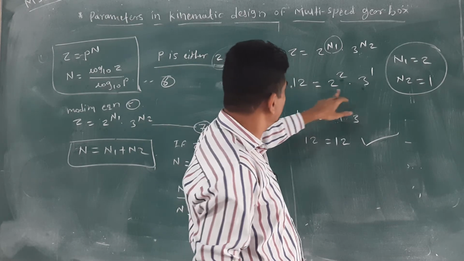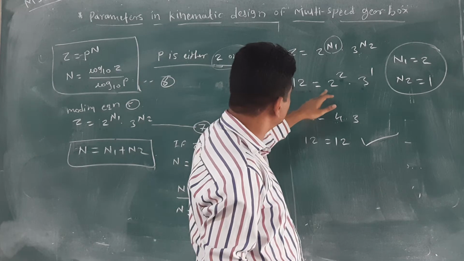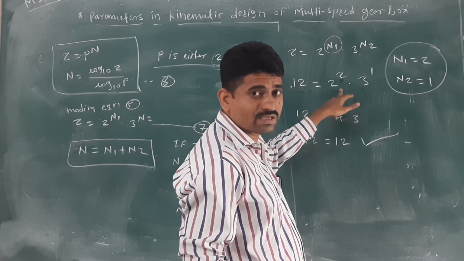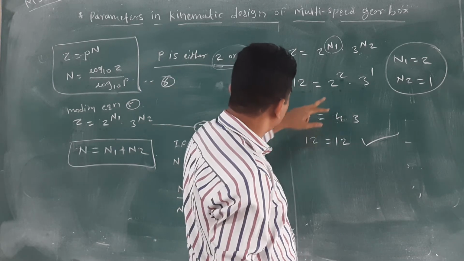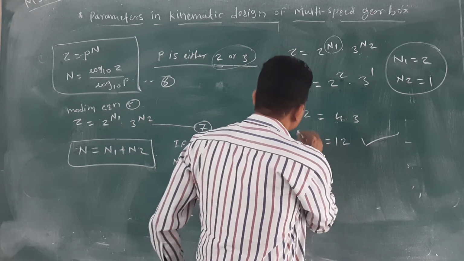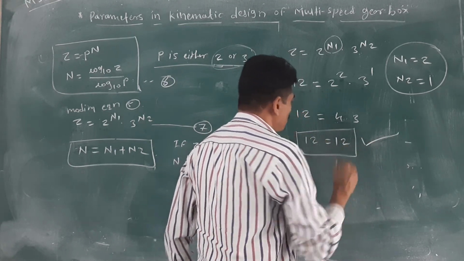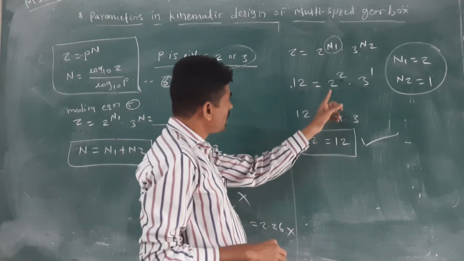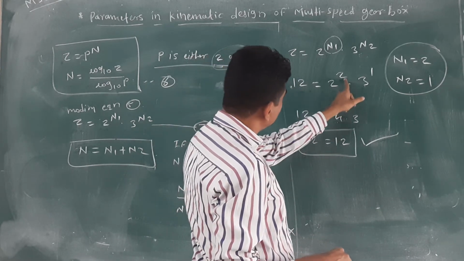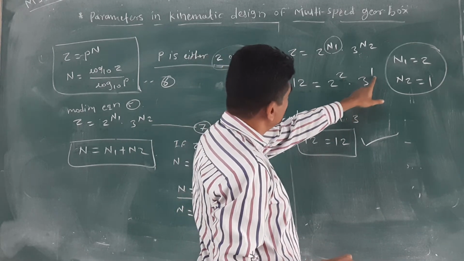This condition is not satisfied, 12 is not equal to 24. That's why both values must be equal, so I put 2 raised to 2 into 3 raised to 1.